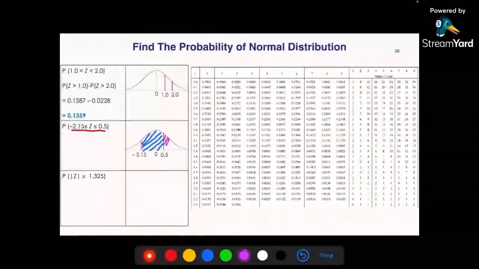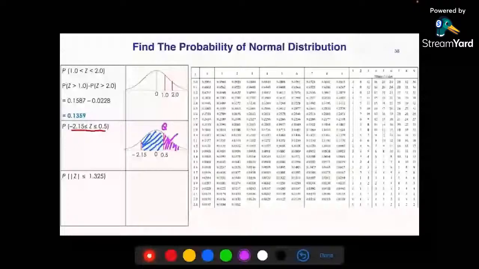You kena buang ini. Ini adalah Q0.5, sorry. This is Q0.5. And then another one is here. This is kita positifkan sahaja. Q2.15.